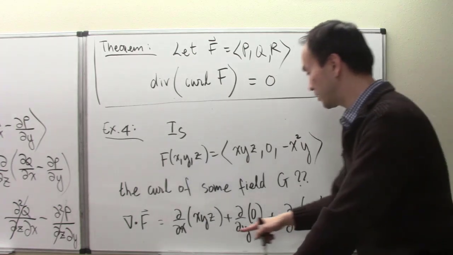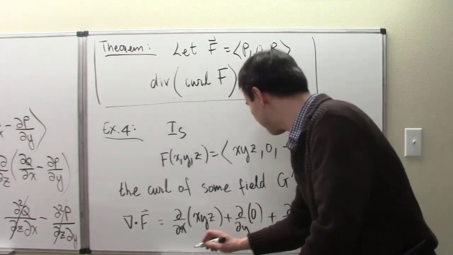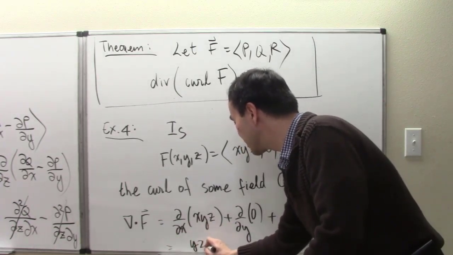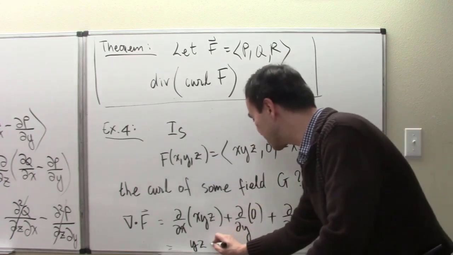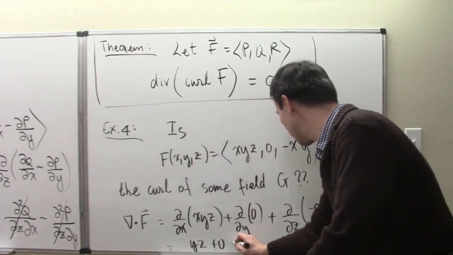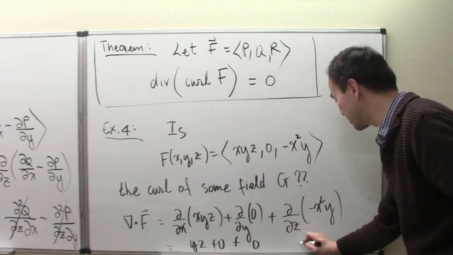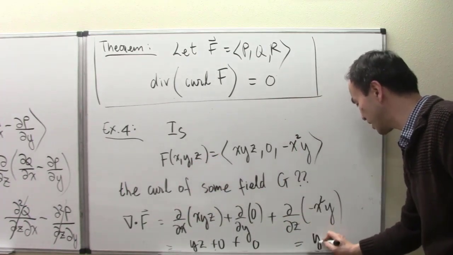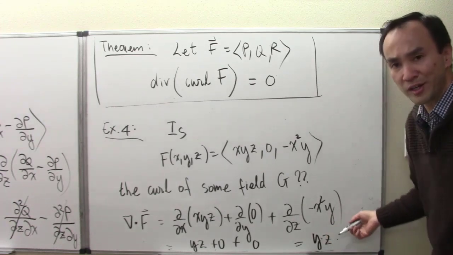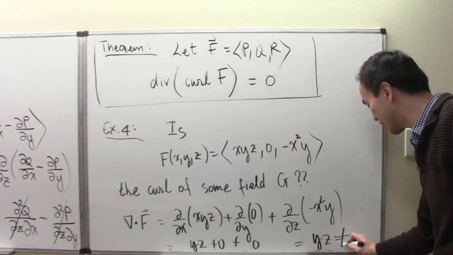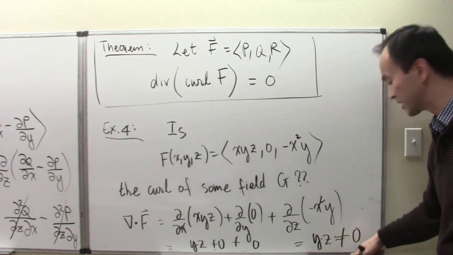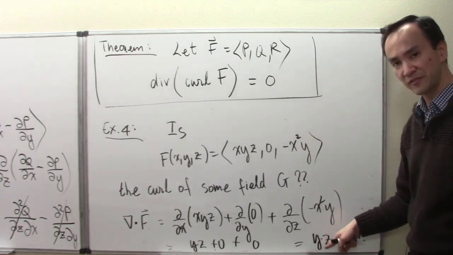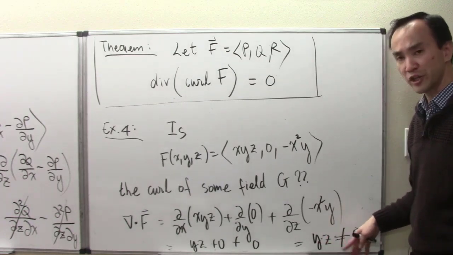With this, the first term gives me yz. The middle term is a 0. The last term is also a 0. In the end, the divergence of this vector field is yz, which is generally not 0. It could be 0, but only for some specific values of y and z, not generally equal to 0.